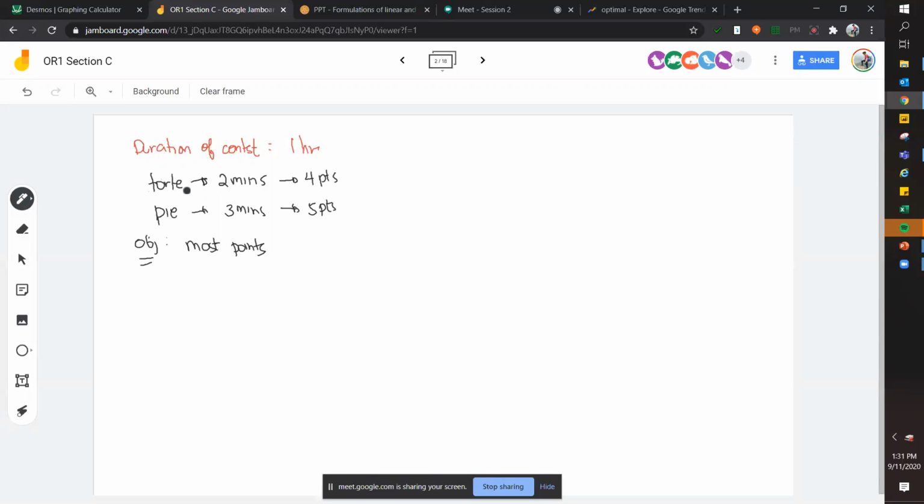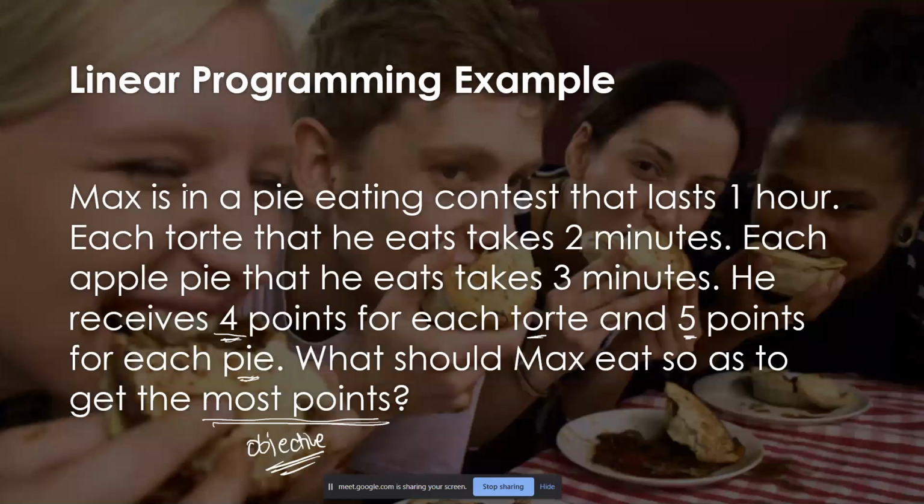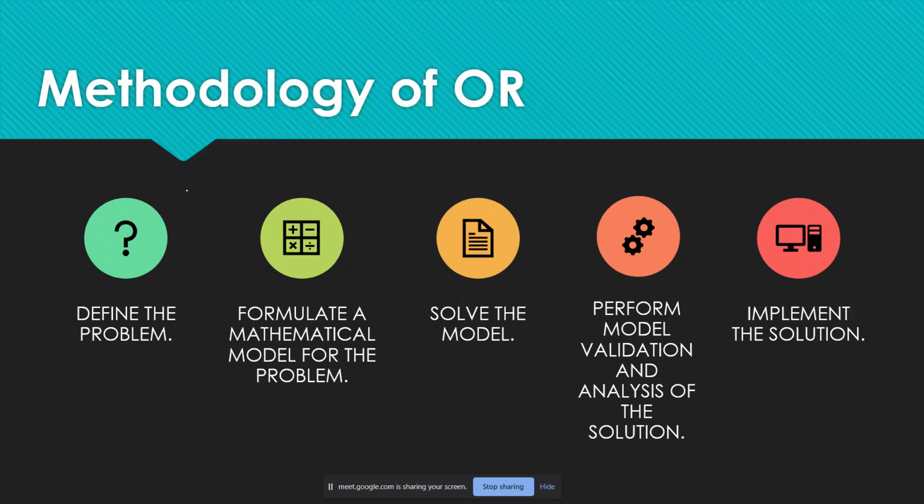So that's your objective. Ngayon, paano natin siya mai-present in a quantitative approach? And then paano natin mabibigyan si Max ng idea or magbibigay tayo ng solution kay Max ano ang dapat niya kainin. Okay? So ngayon, dito sa OR, may mga method tayong kailangan gawin. First one, you should know the problem. You should define the problem.